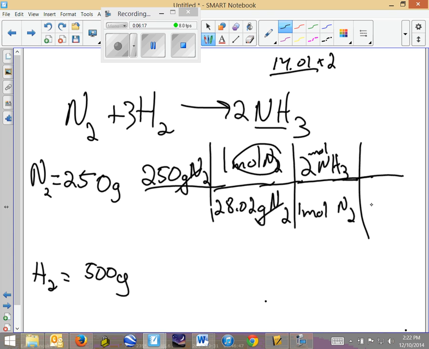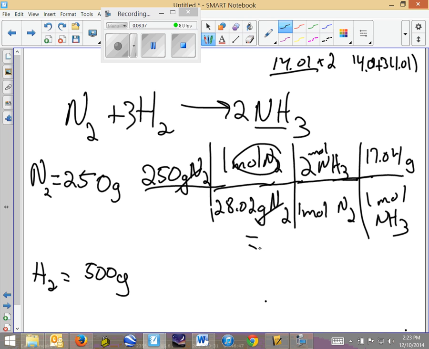So 1 mole of NH3, well, let's see here, 14.01 plus 3 times 1.01. So that's 3.03. So I would say it's 17.04 grams. Okay?